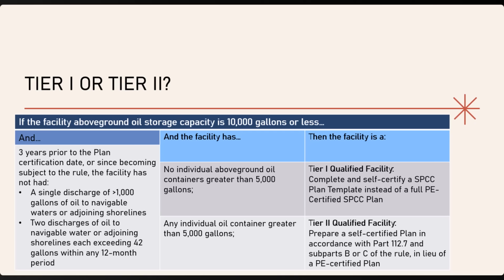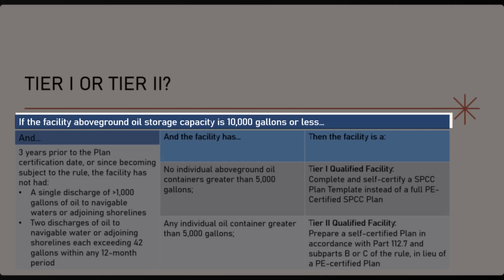Qualified facilities come in two types, that is, Tier 1 and Tier 2, with two different sets of requirements. Determining whether a facility is Tier 1 or Tier 2 is as follows. First, is the facility above ground oil storage capacity 10,000 gallons or less?